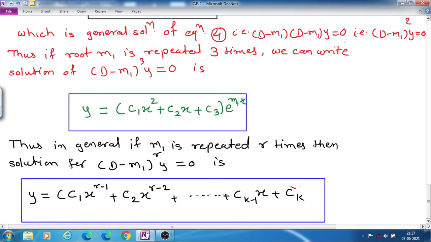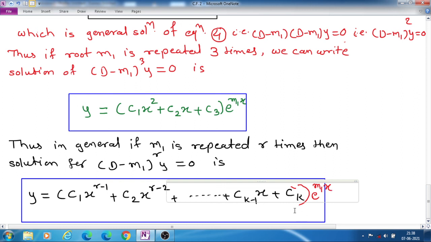This is in brackets, and the bracket into e raised to m1x. This will be the solution. So write a polynomial of degree r minus 1 if the root is repeated r times, and write the constants from starting to last.